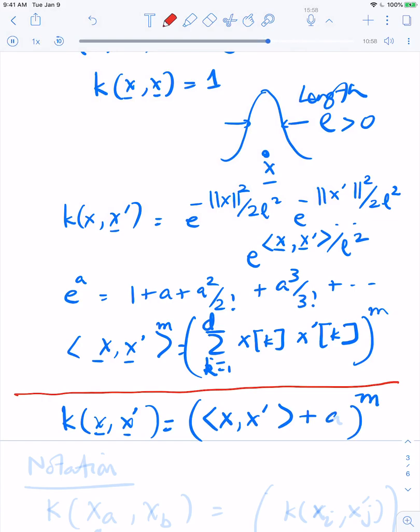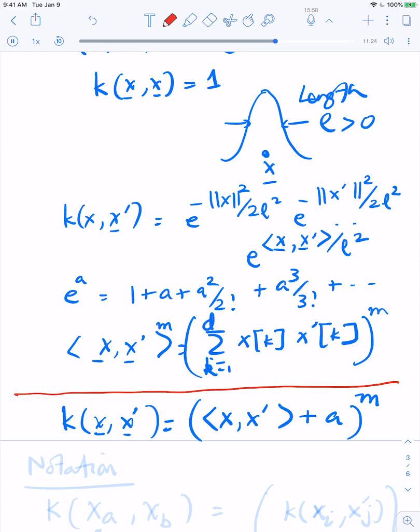Generally speaking, I add a constant to it also, so that I have all the lower powers in there. So when I expand this out, I'll have a bunch of other powers. In all these cases, the free parameters that I'm putting in, like the length parameter for the radial basis function, and this parameter a and m, are hyperparameters that you will need to play with.